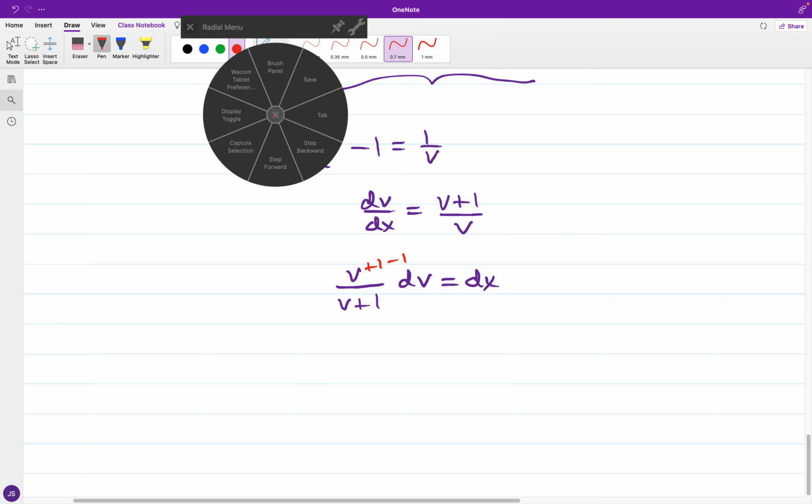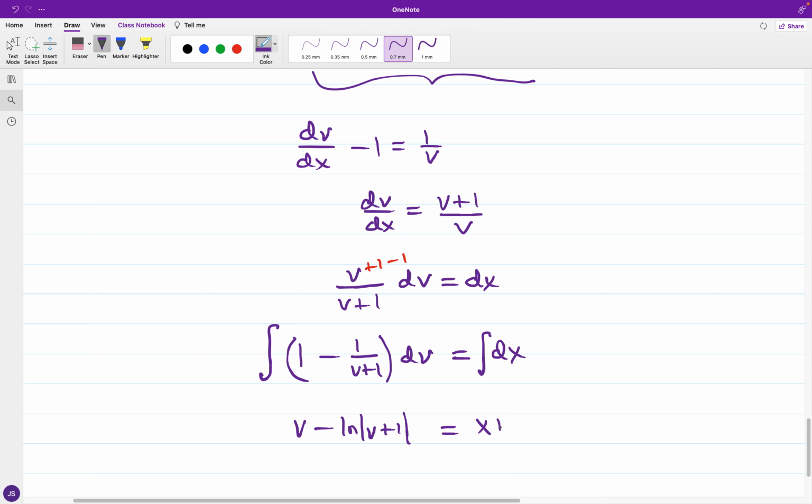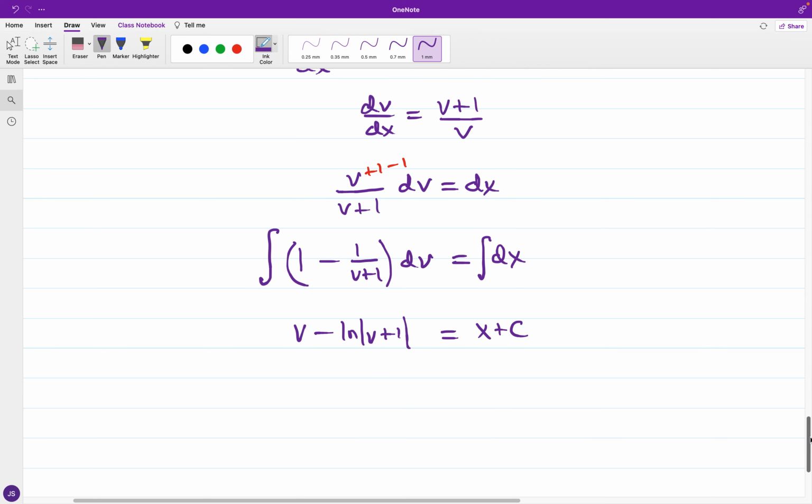I'm going to write 1 minus 1 over v plus 1, quantity dv, is equal to dx, and integrating over both sides, I'm going to have v minus the natural logarithm of the absolute value of v plus 1 is equal to x plus c.